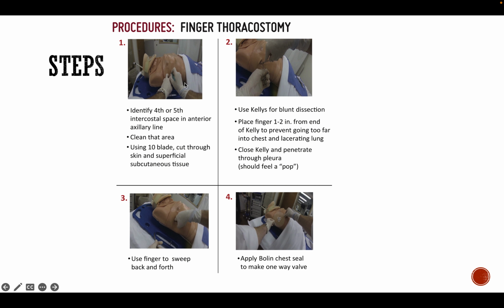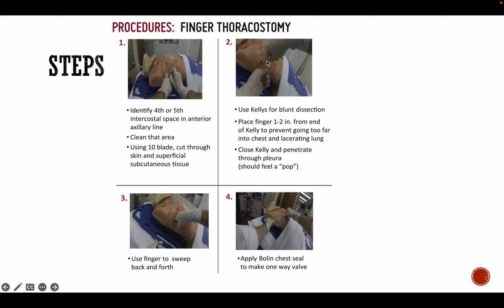The steps to doing this are very simple, and it's key to remember them as you will revert to training in an emergency. Identify the fourth or fifth intercostal space, particularly in the anterior aspect of the mid-axillary line. If you have a Kelly clamp, it's helpful to blunt dissect through this.